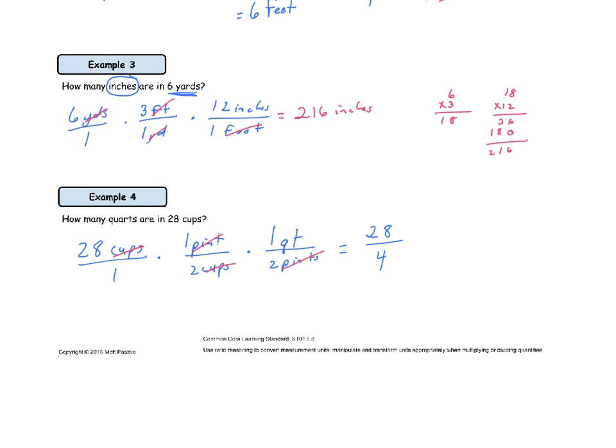Look at the only label we have left, quarts. So we know that 28 cups is equivalent to 28 divided by 4 quarts. Of course, that's not our answer here. We have to divide 28 by 4, and that will give us 7 quarts. So there are 7 quarts in 28 cups.